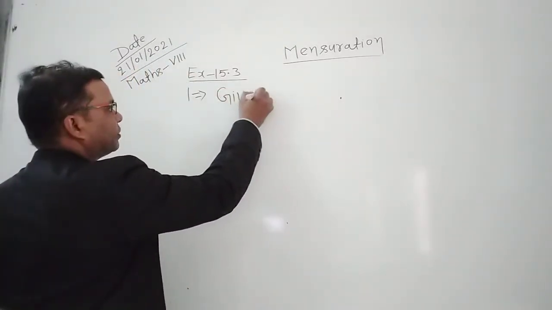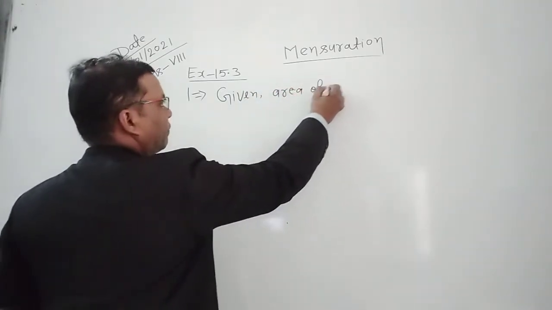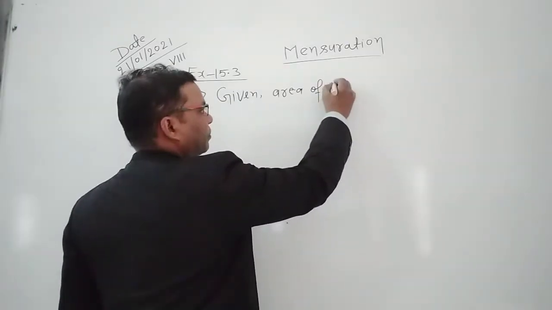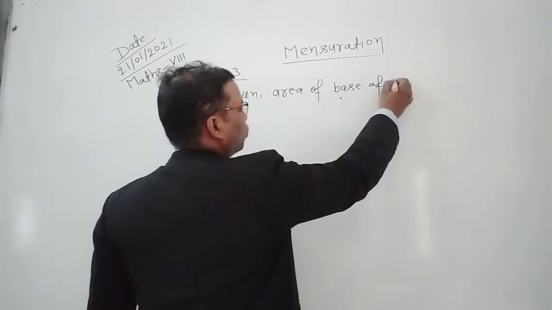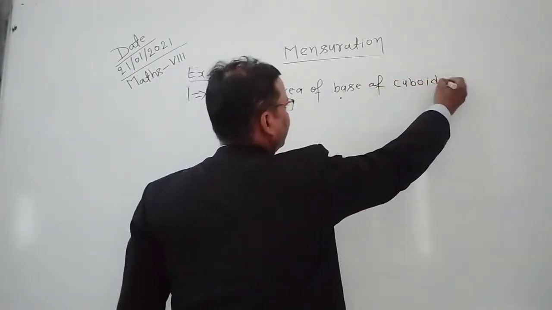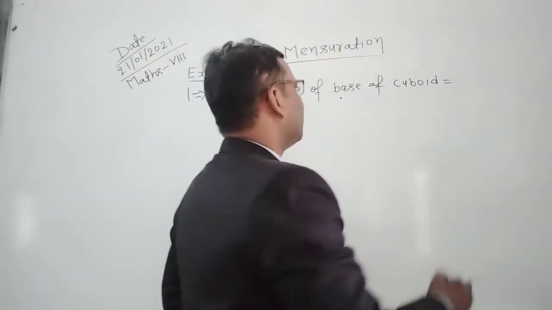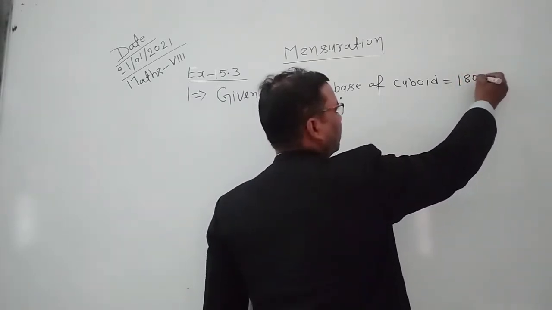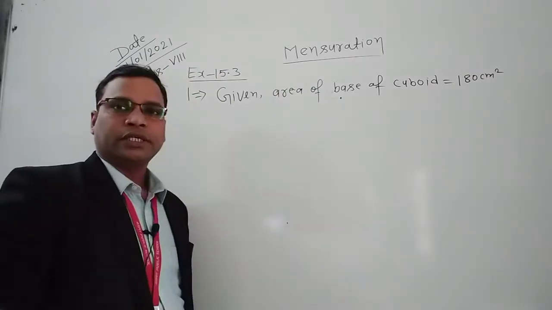We are given the area of the base of the cuboid, which is equal to 180 centimeter square.